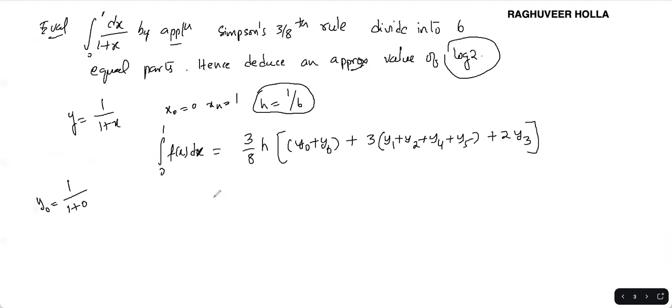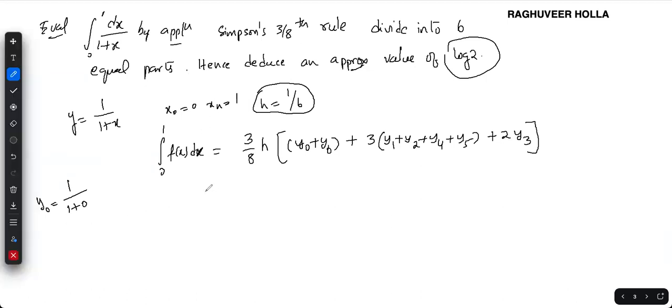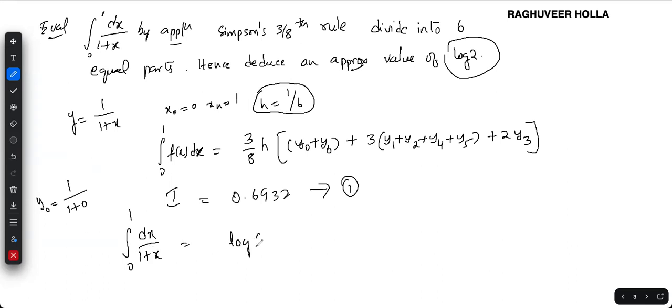By substituting these values, we get the final answer. Please check: 0.6932. This is your I. So keep this as I. Now by direct evaluation, the integral is nothing but log of 1 plus x from 0 to 1, which is nothing but log 2.